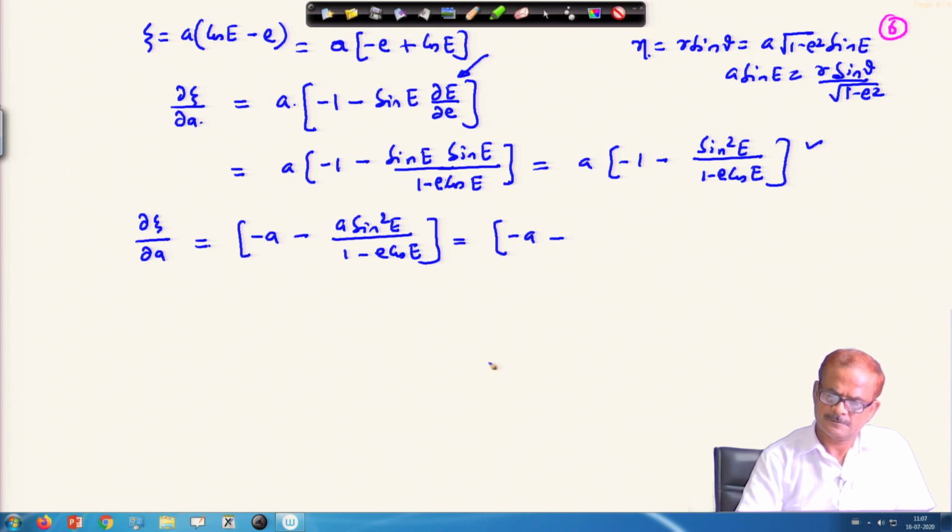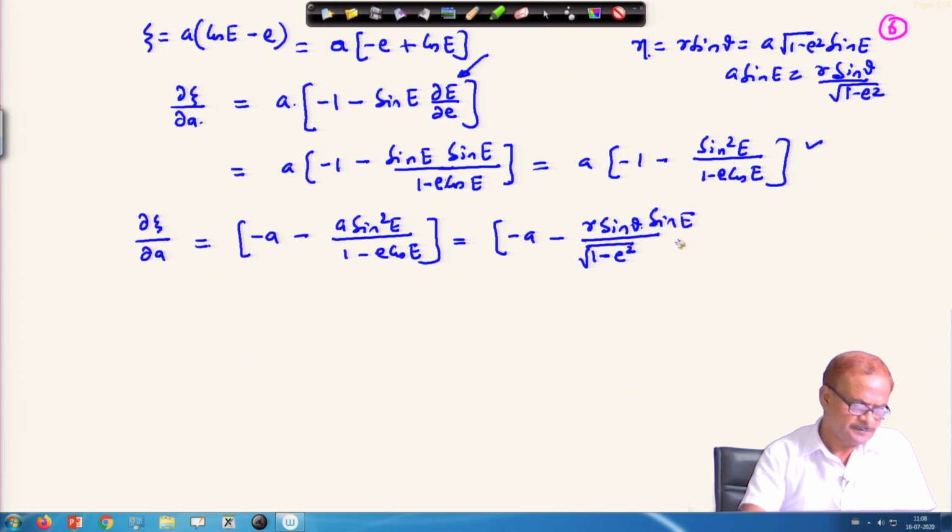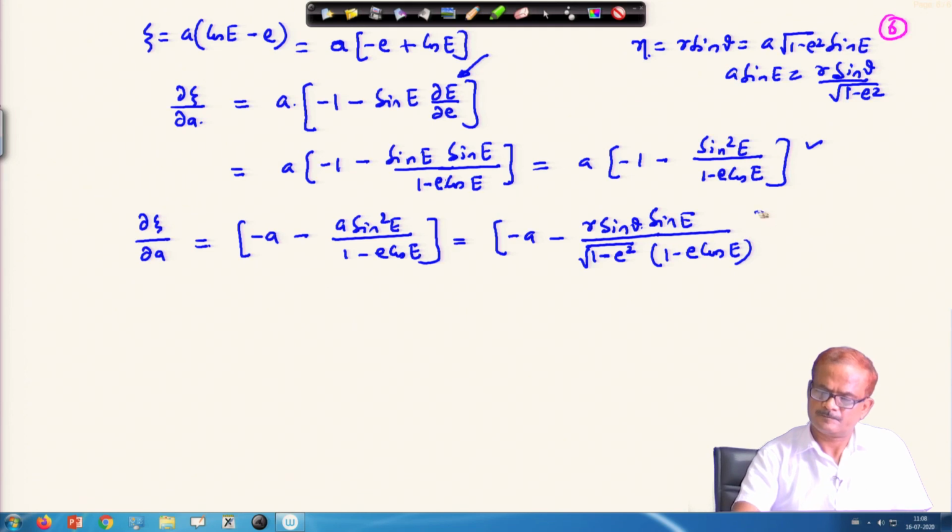So, A sin E we will replace by r sin theta divided by the square root of 1 minus E square, then sin E, and the rest of the terms we have to copy here. So, let us say this is our equation A.